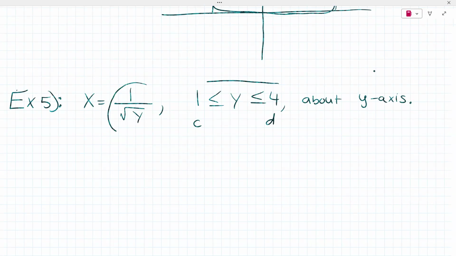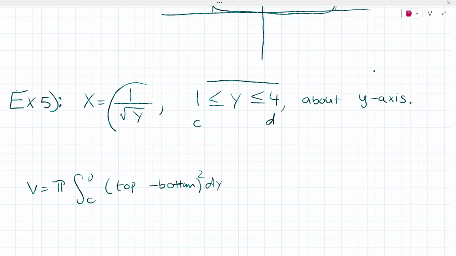We're going to use volume equals pi from C to D, and we're still doing top minus bottom squared dy.